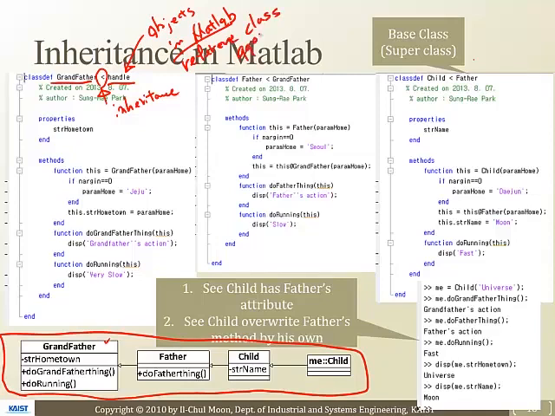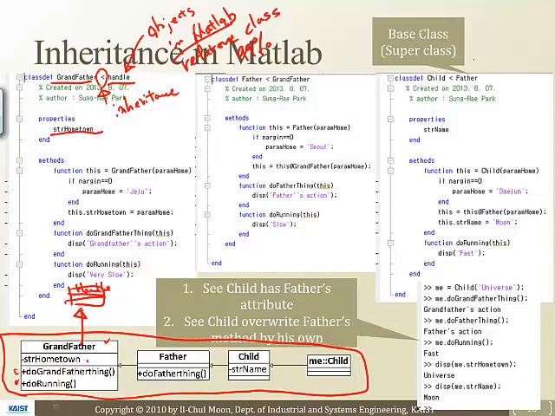In 99% of cases, you want to use handle as an inheritance. So grandfather inherits handle. And it has properties, string hometown, like this, right?